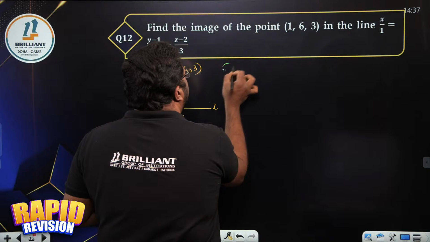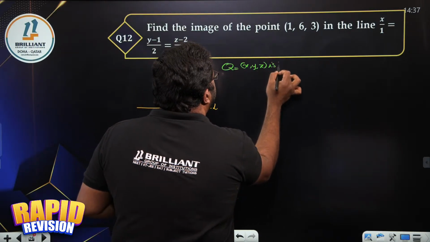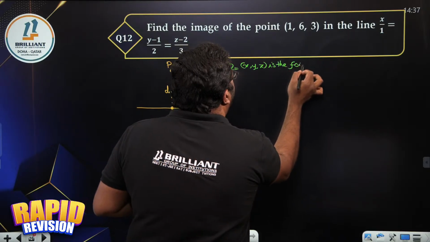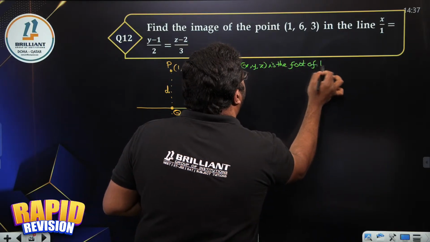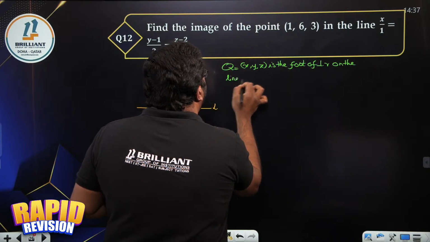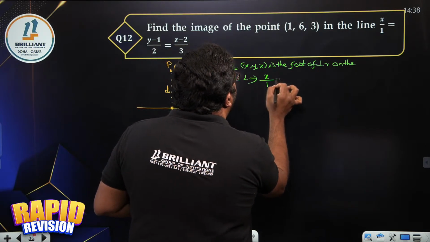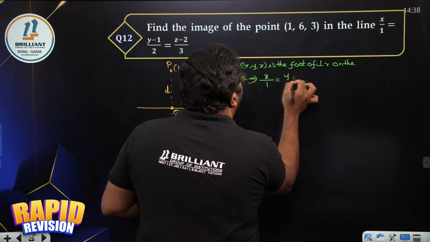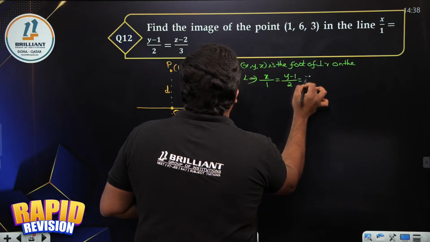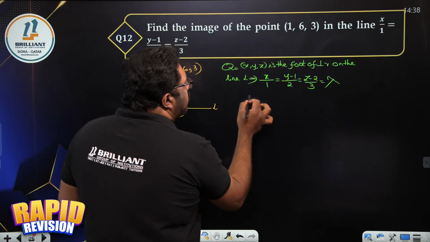Going straight away, Q equal to (x, y, z) is the foot of perpendicular on the line L, and the line L is x/1 = (y minus 1)/2 = (z minus 2)/3 equal to lambda.